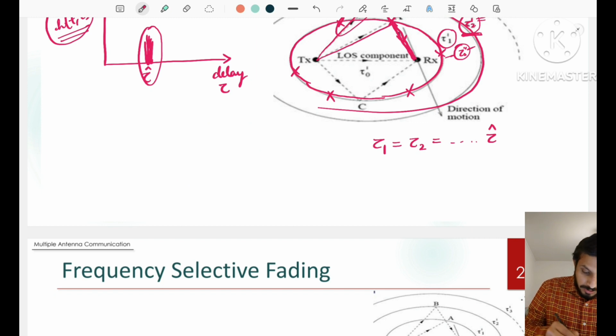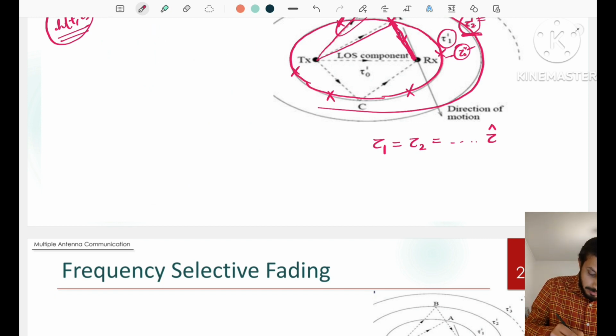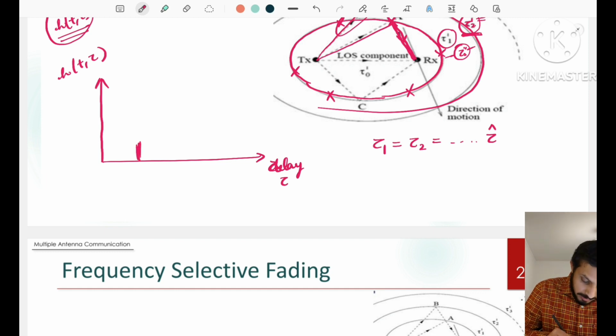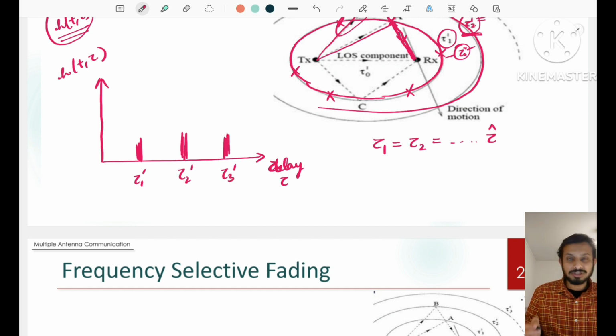So at the receiver, suppose we launch an impulse into the system, and this is our delay axis tau, and this is h(t, tau). We are getting some responses at tau 1 dash, some responses at tau 2 dash, and some at tau 3 dash.